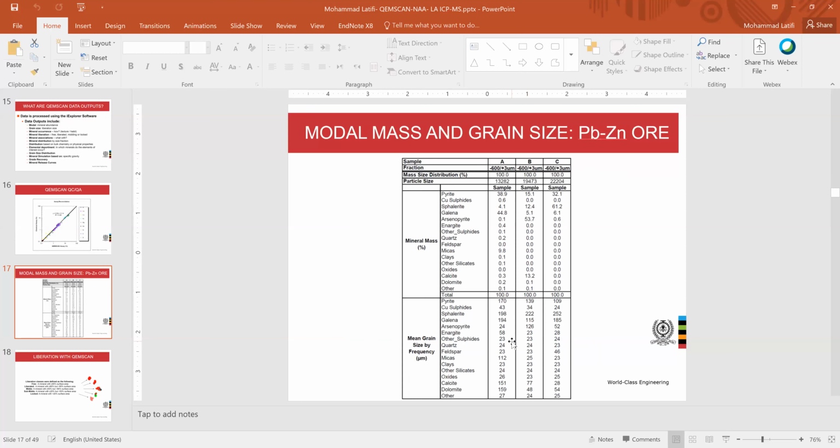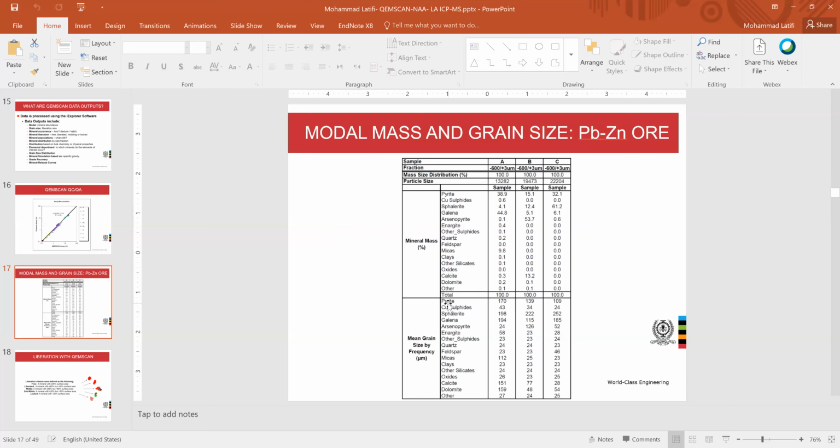This is another information about grain size, mean grain size, okay? Because as you saw in our other pictures, grain of the mineral in each single particle has different sizes. But this is the mean average size, and each sample has different ones. In each sample of A, B, C, minerals have different grain sizes as well.